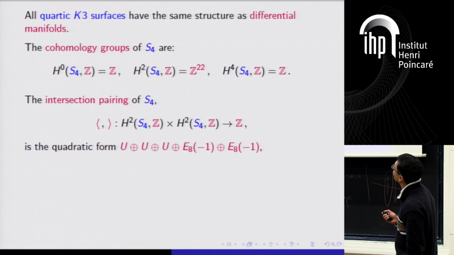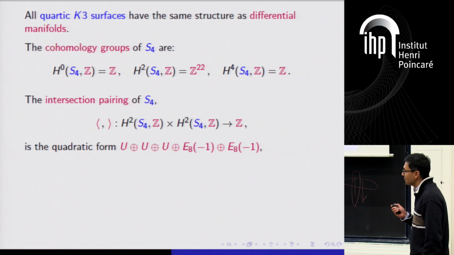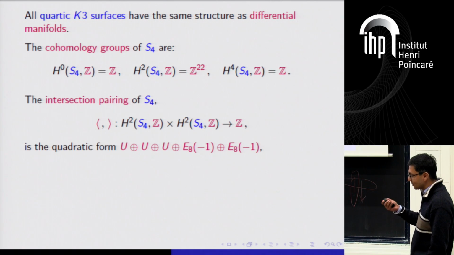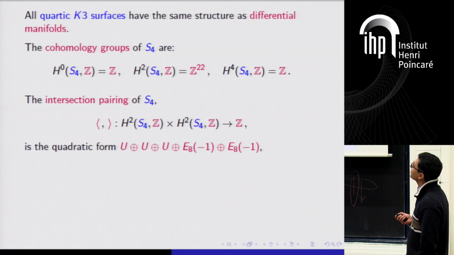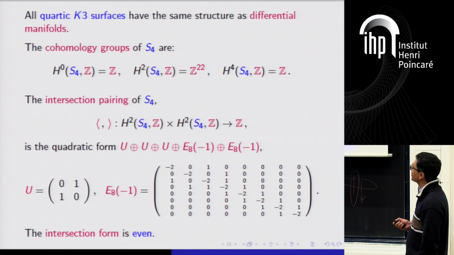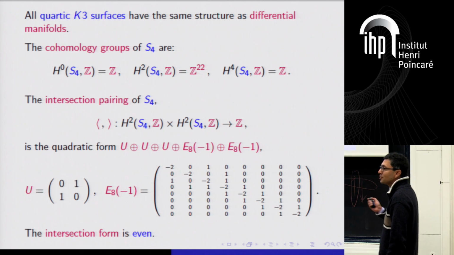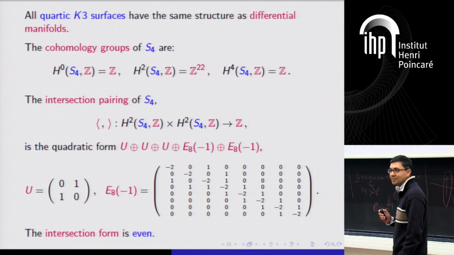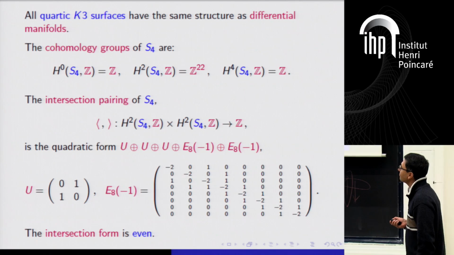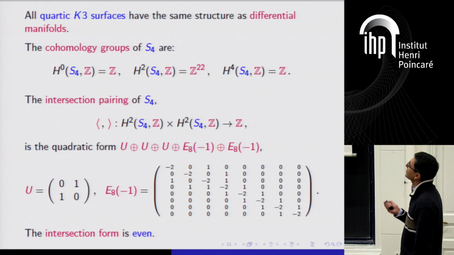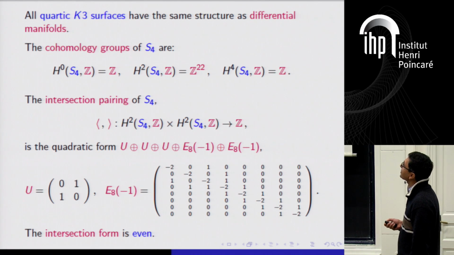When I say surface, it's two complex variables, four real variables, and there's a pairing on H2 times H2 to Z, and this is a 22-dimensional lattice, given by U, E8, E8, and so on. So all the structure is already hidden in just that quartic equation. This is somehow the topology of this K3 surface.